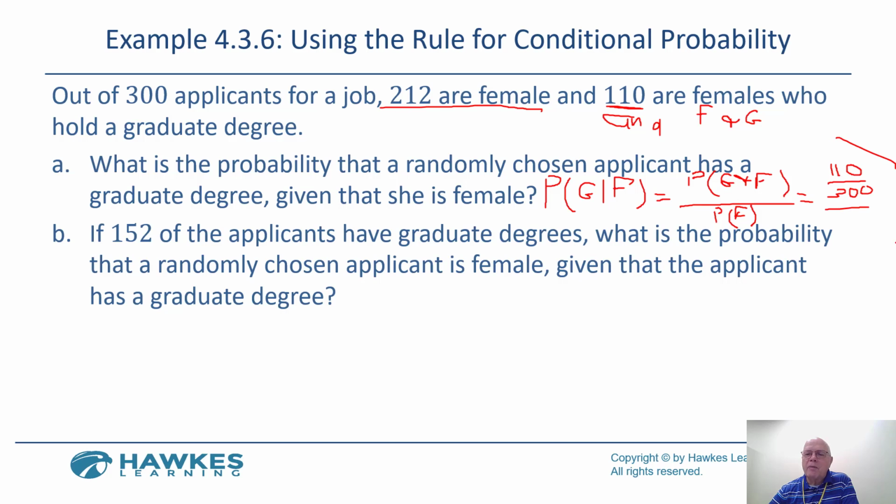Well, there's 212 females, 212, and there are 300 applicants. Complex fraction, but the calculator can handle that. You should be able to, because if you multiply the top and the bottom by 300, you end up with 110 over 212. We'll get the results in a minute. Look at the second one.